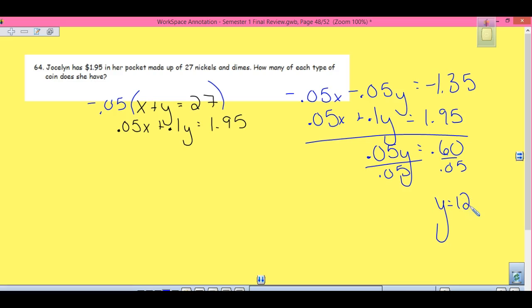Y equals 12. What is my y? Yep, so I have 12 dimes. And since I have x plus 12 equals 27, x is 15 nickels.